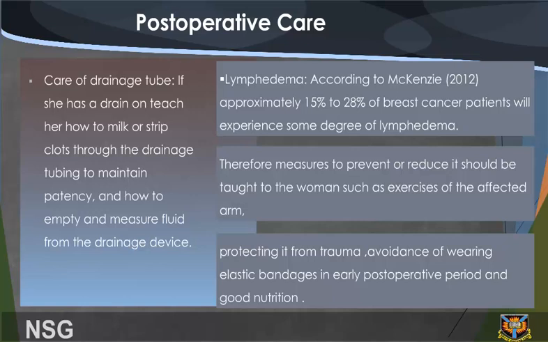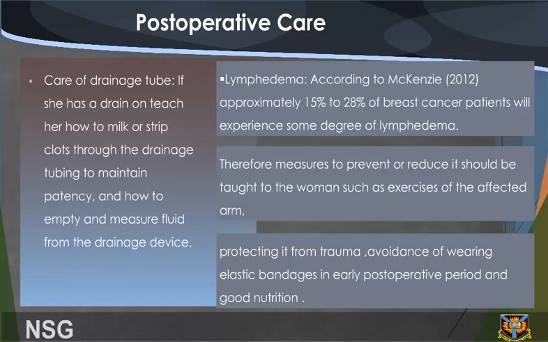Care of drainage tube. If she has a drain, teach her how to milk or strip clots through the drainage tubing to maintain patency, and how to empty and measure fluid from the drainage device. Lymphedema. According to McKenzie, 2012, approximately 15% to 28% of breast cancer patients will experience some degree of lymphedema.